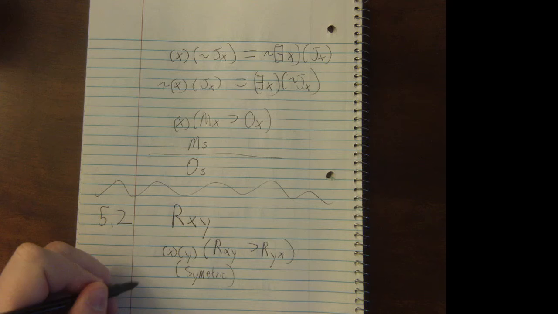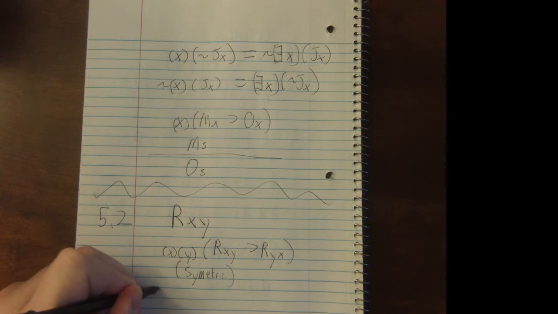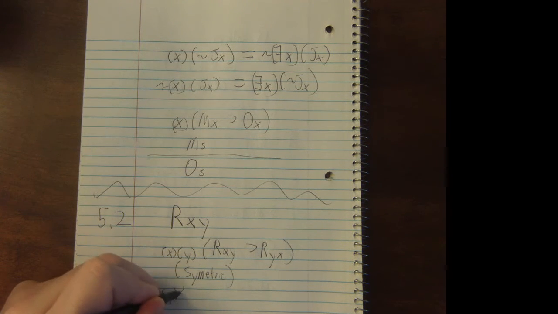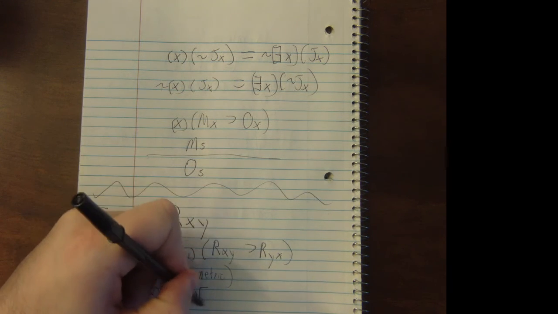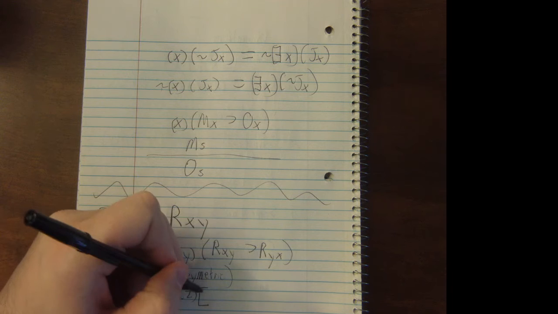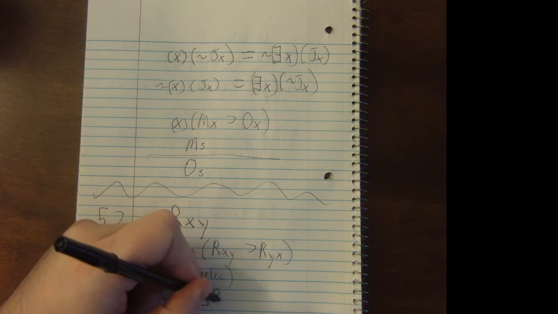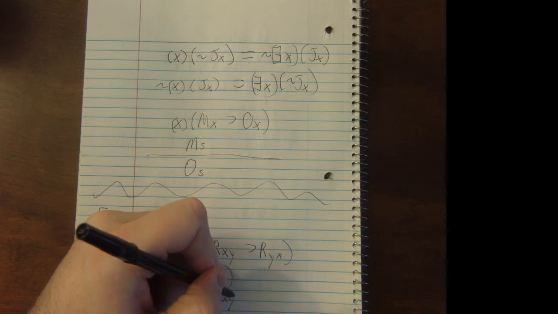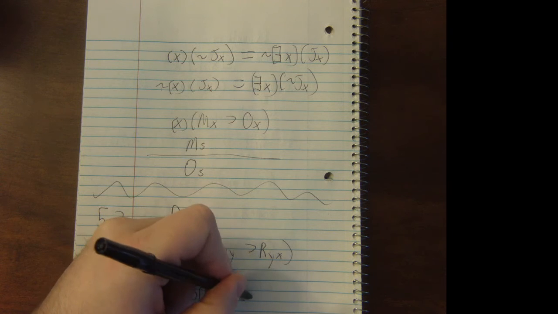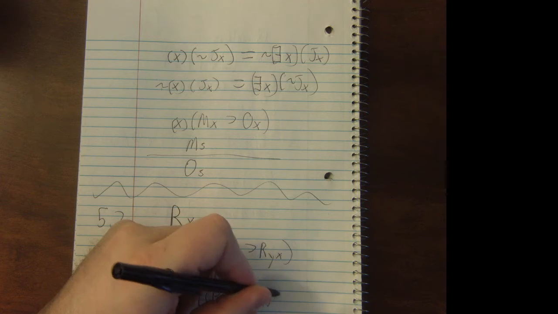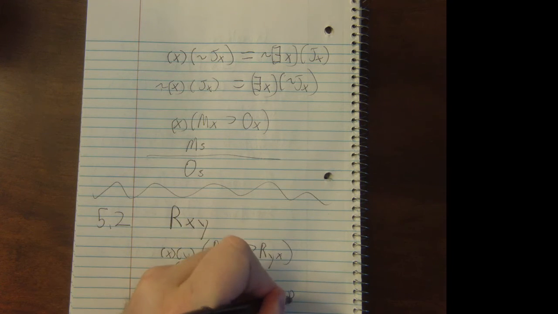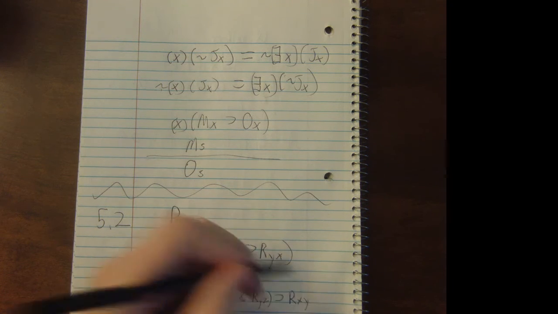Another one is transitive: for all x and for all y and for all z, if it is the case that both x bears a relation to y and y bears the relation to z, then x bears the relation to z.